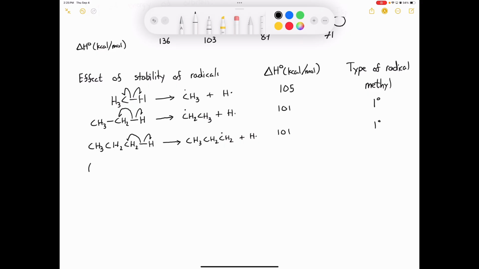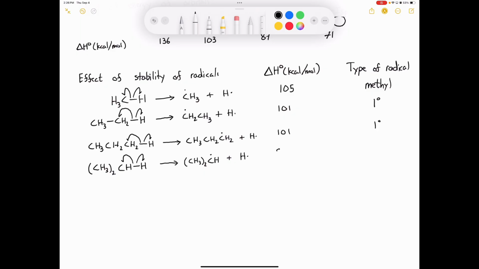All right. So now we have a tertiary alkane, CH3 2, CH, H. All right. Now this H and this carbon will now split, and we get CH3 2 CH dot plus hydrogen atom here. Okay.